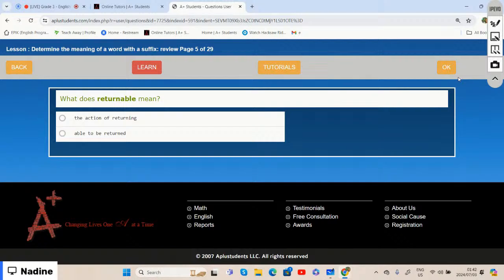Returnable. Is it the action of returning something or able to be returned? Option one, the action of returning, or option two, able to be returned.